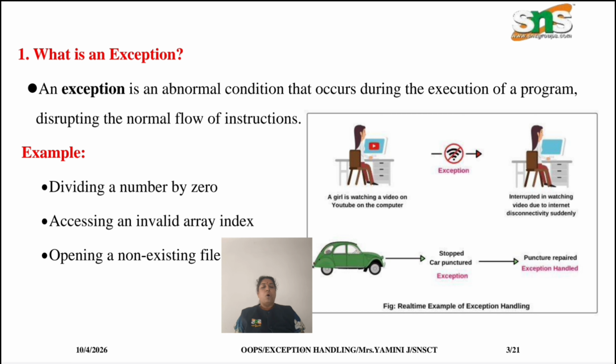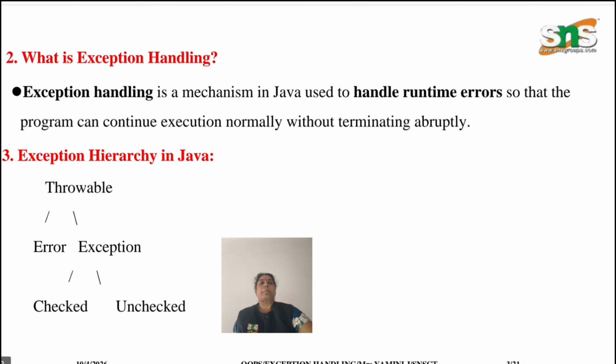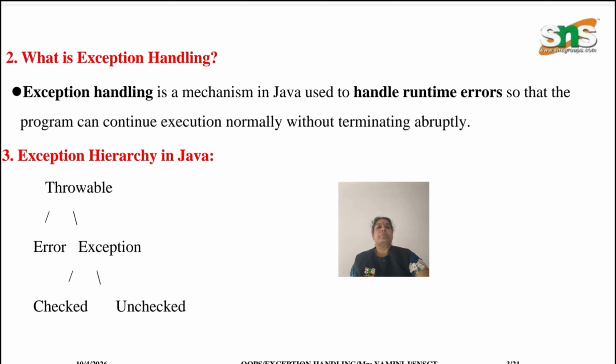Next, what is exception handling? Exception handling is a mechanism in Java used to handle runtime errors so that the program can continue execution normally without crashing abruptly. Java organizes exceptions using a hierarchy.